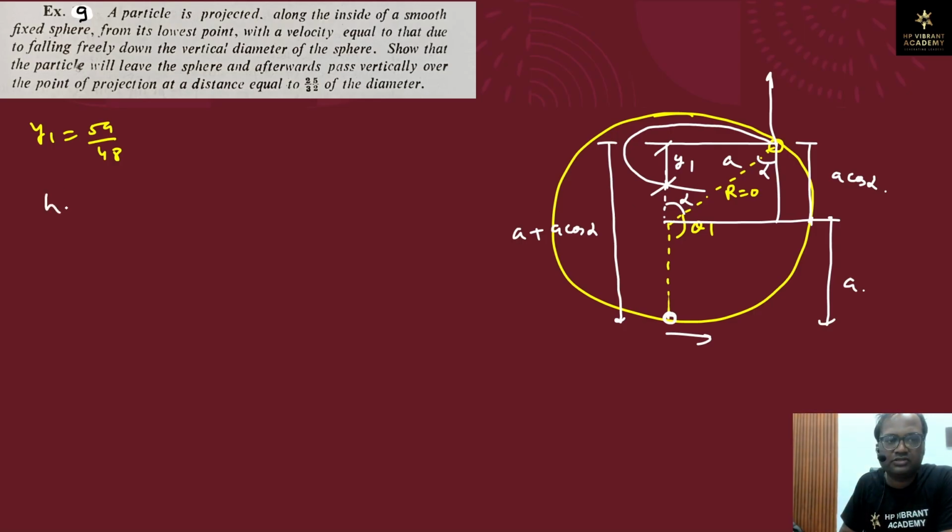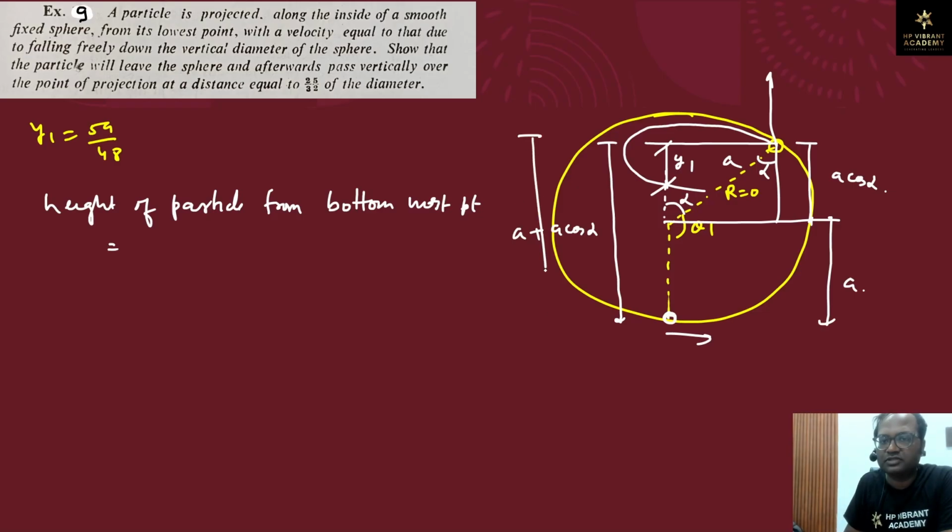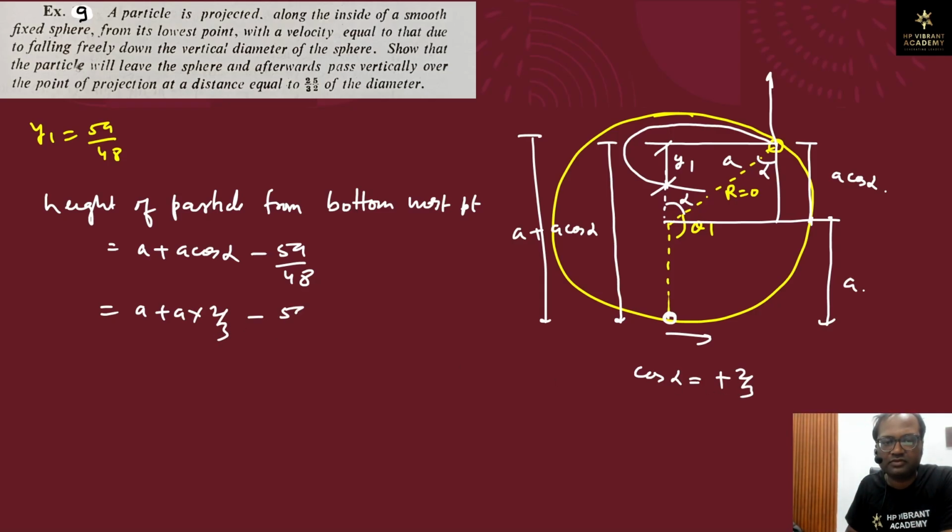So the height of the particle from the bottommost point, that is the point of projection, is equal to this whole distance a plus a cos alpha minus y1, so minus 5a upon 48. So this is equal to a plus a into cos alpha, where the value of cos alpha is plus 2 by 3, minus 5a upon 48. So this is equal to 5a upon 3 minus 5a upon 48.